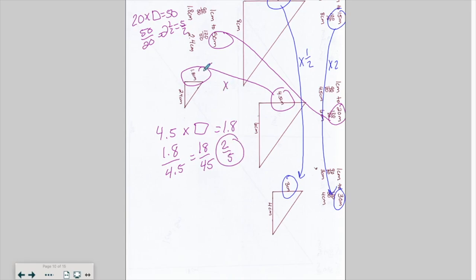So the scale factor from the drawing with the 20 meters to the drawing with the 50 meters is 2/5. And 5 halves and 2/5 are reciprocals.